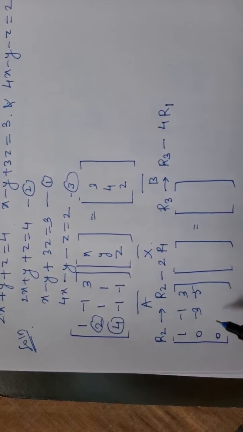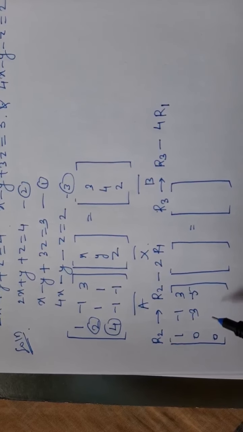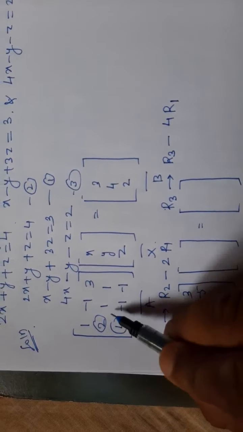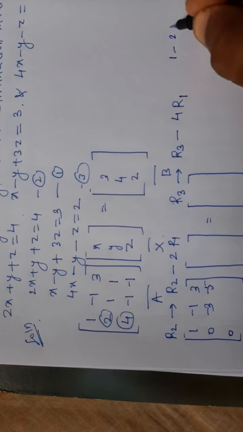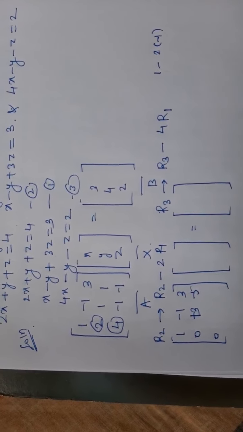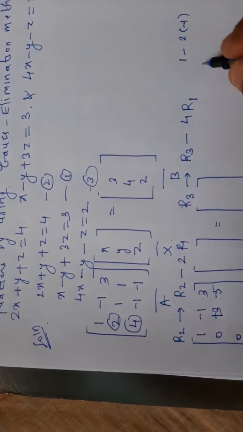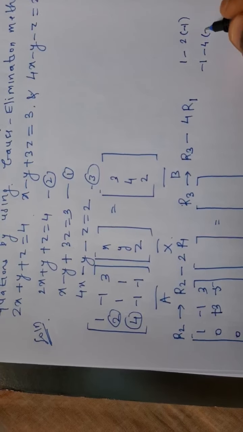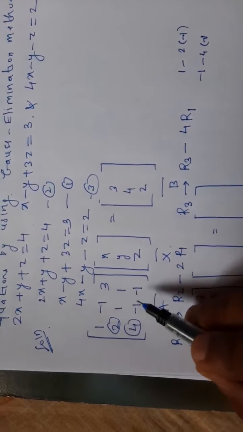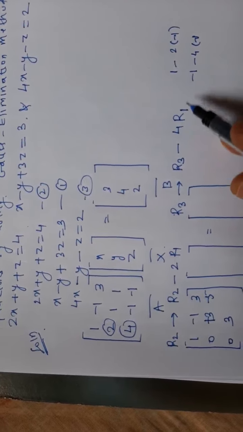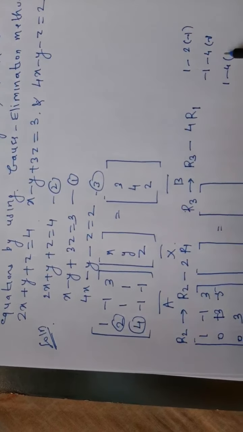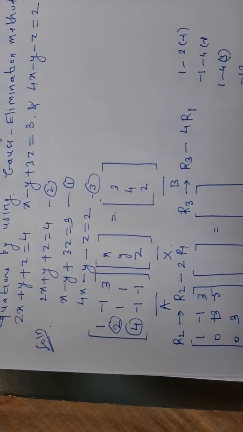Minus 1 minus 2 into minus 1, so this is plus 3. Then minus 1 minus 4 into minus 1, so this has become positive 3. Then 1 minus 4 times R1 becomes minus 13.